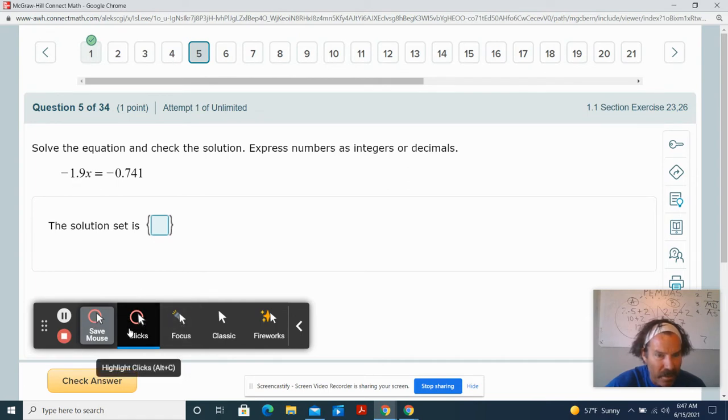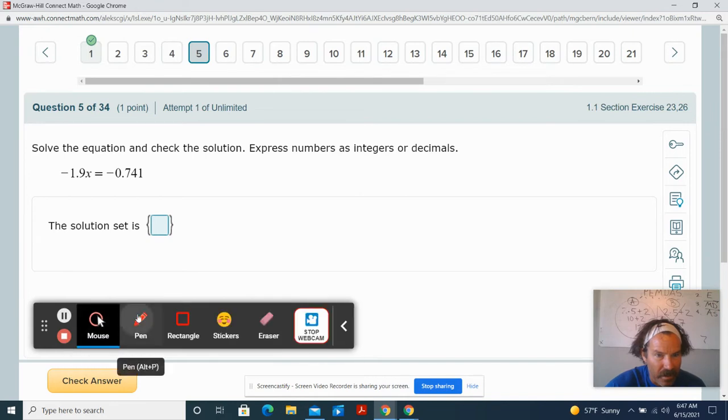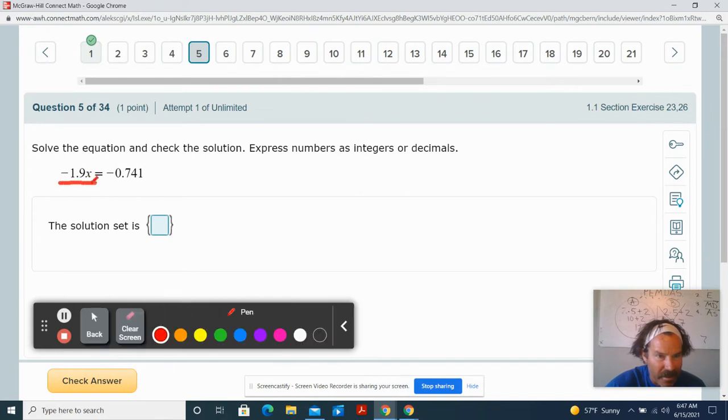If we divide this side by negative 1.9, that negative 1.9 cancels with this negative 1.9, and over here on this side we divide by the same thing. Remember, we have to do the same thing on both sides of the equation.